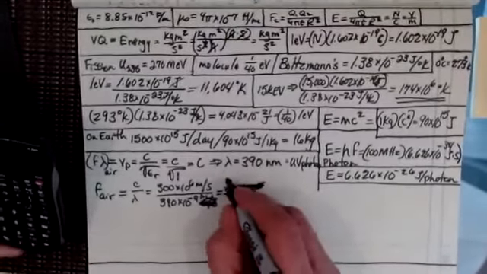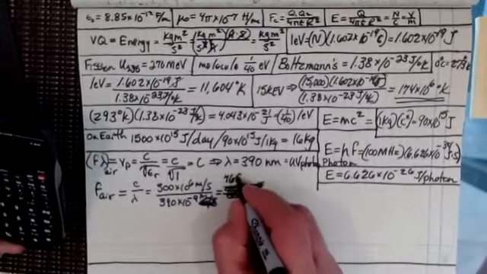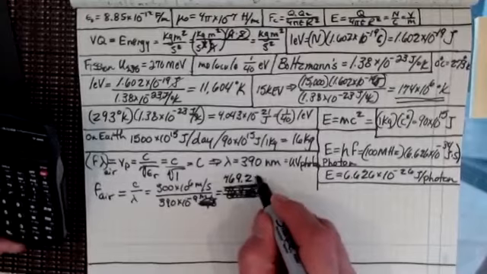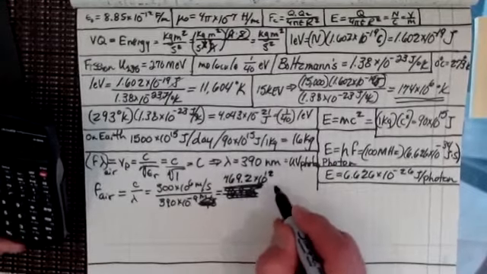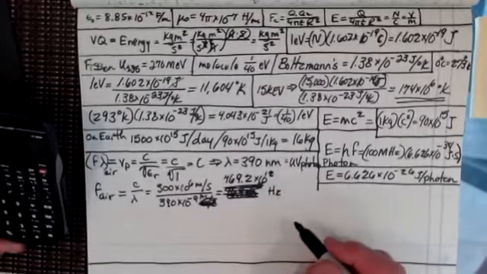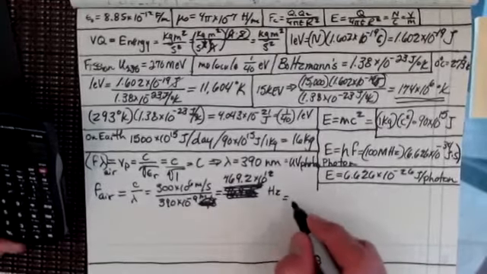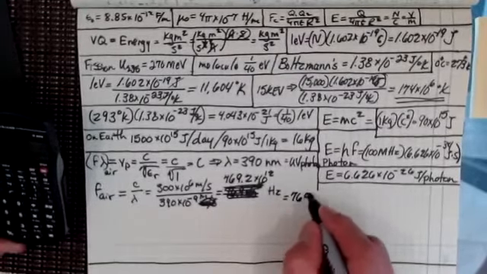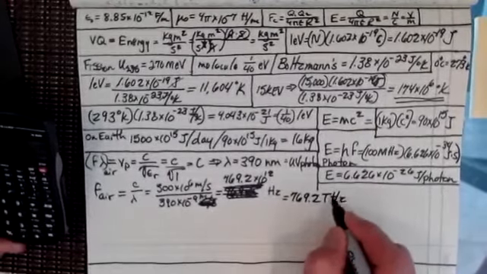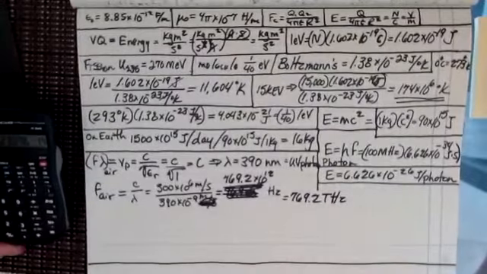It is 769.2 times 10 to the 12 hertz. And of course, we know 10 to the 12 is tera. So I could say that it's 769.2 terahertz, right? That's high.